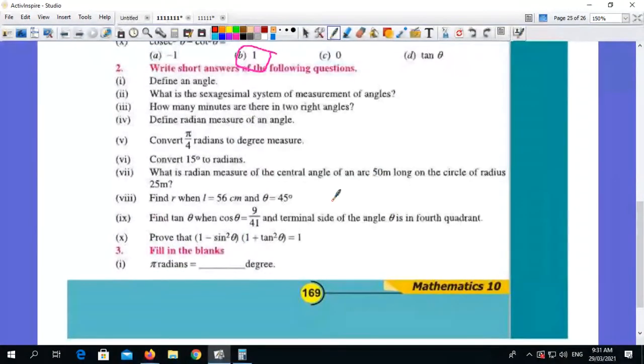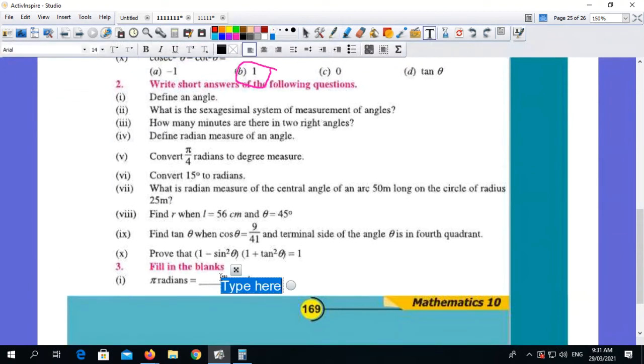Okay, good. The third question is fill in the blanks. Pi radian equals to how many degrees? What is the correct option? It becomes 180 degrees. How?